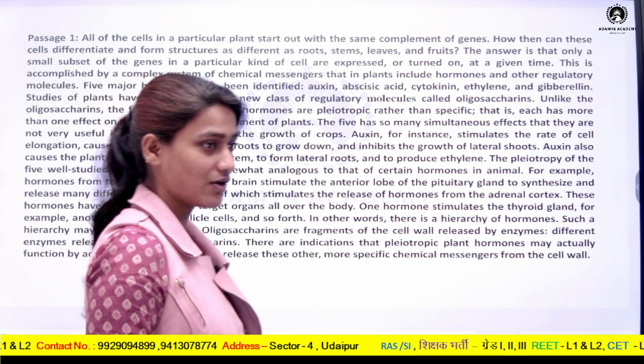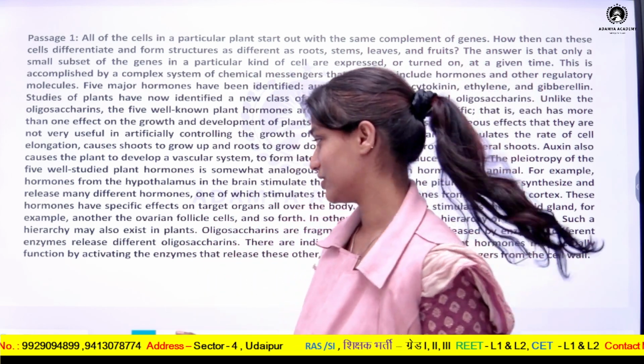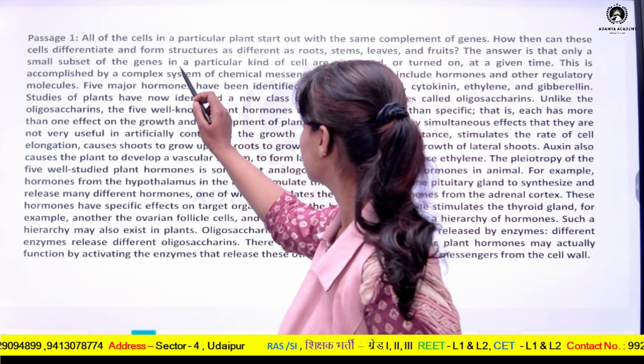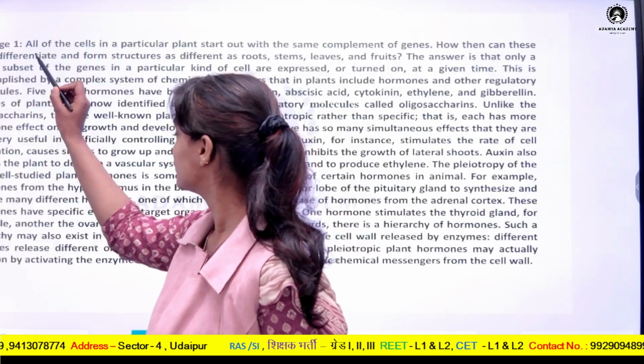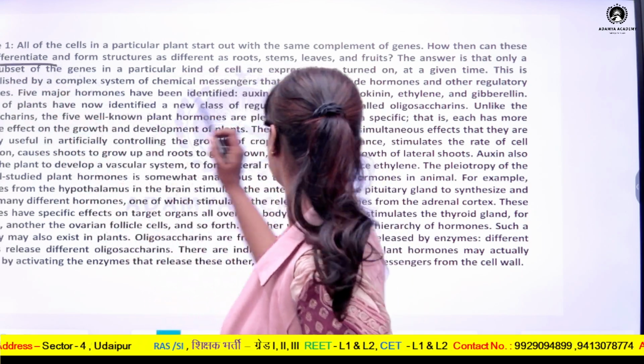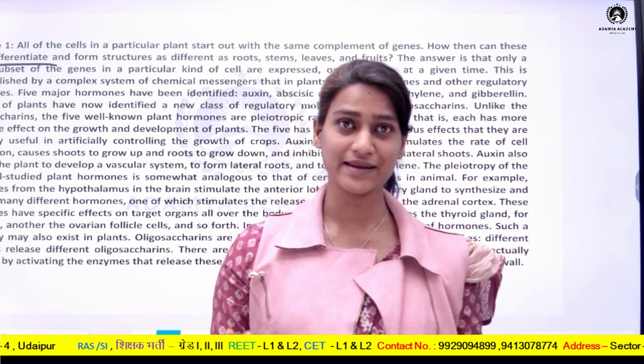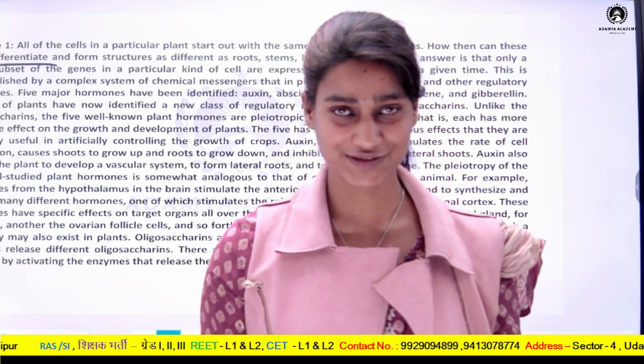So here the author is trying to tell what they mean by differentiation. There is a word here which means cells differentiate. Differentiation means assigning a particular function to a particular cell.